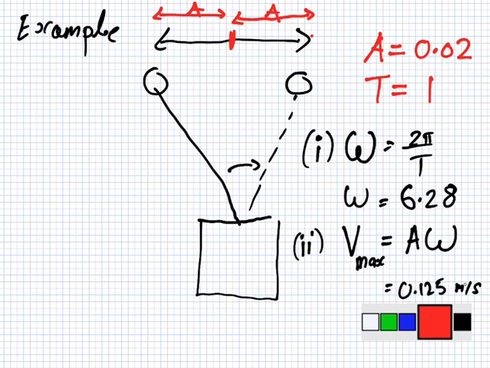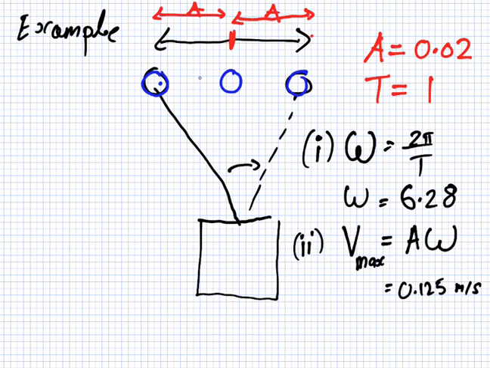Now, my question to you, where will this be when it's going at its maximum speed? At the end? At the middle? Somewhere in between? Where do you think this maximum speed happens? Nope, sorry, at the middle.